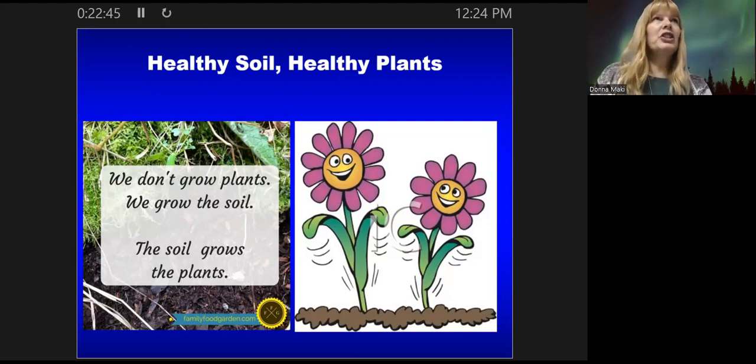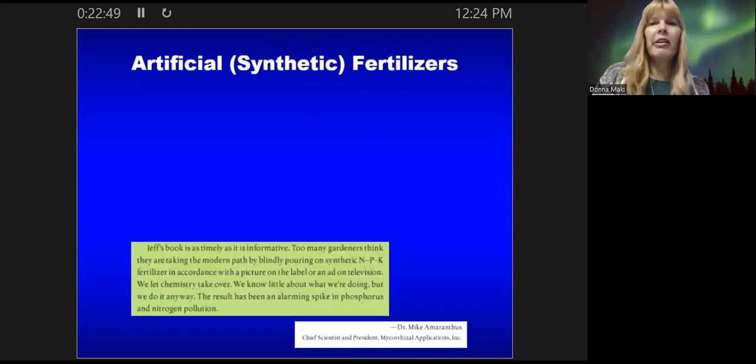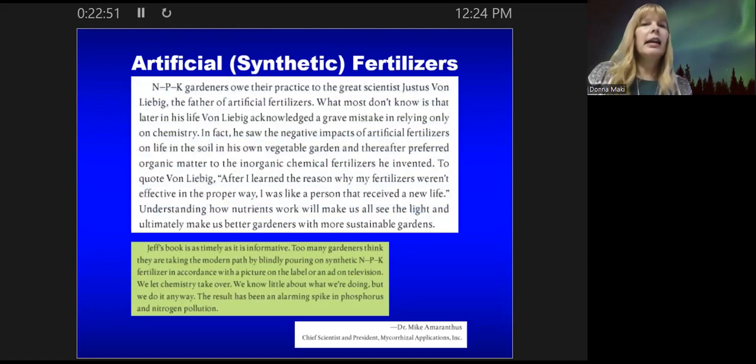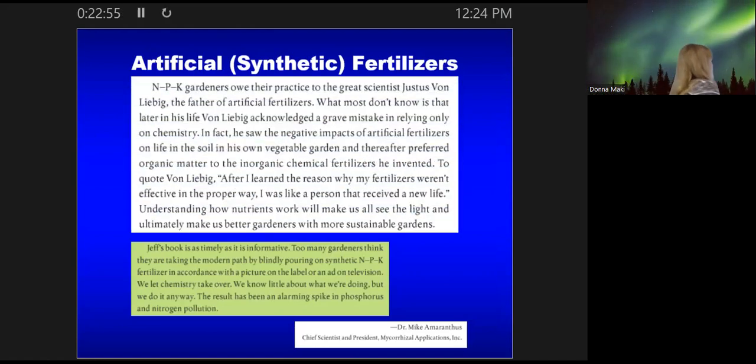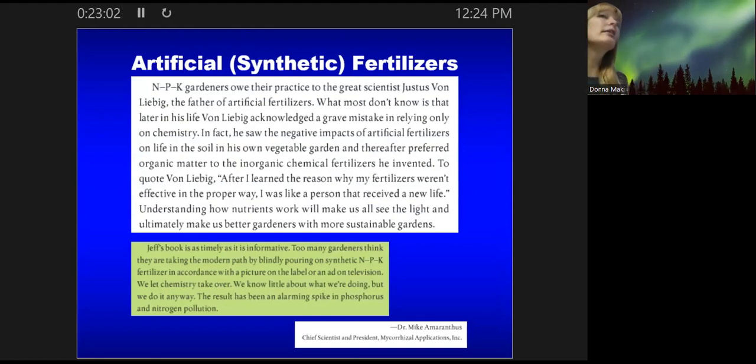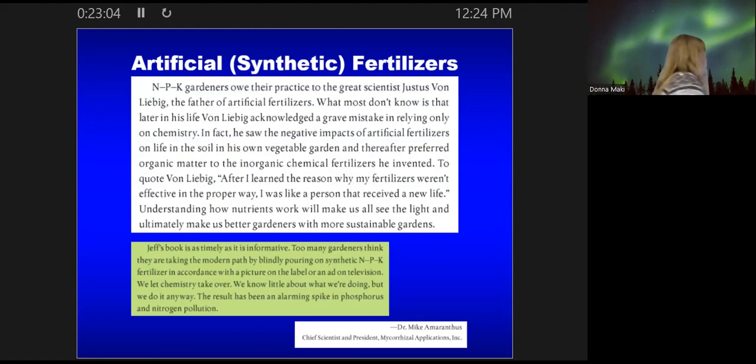But now let's shift into a little bit more about these mineral nutrients that the fungi are helping the plant get. And so, thinking about the artificial fertilizers, the synthetic fertilizers, it's actually Dr. Liebig who is credited with being the instigator of all this artificial fertilizer.